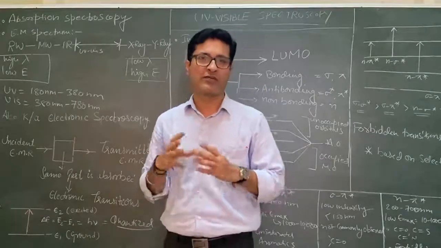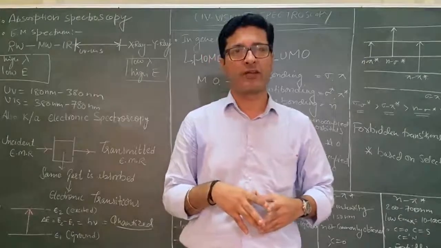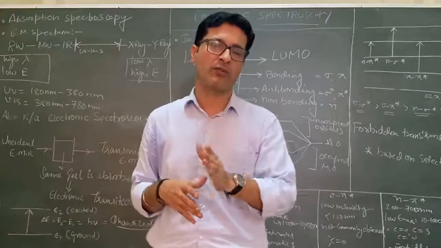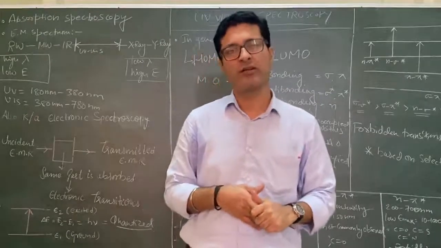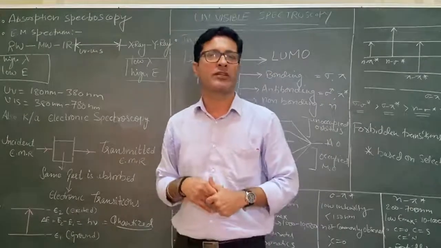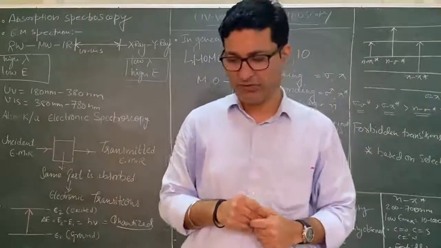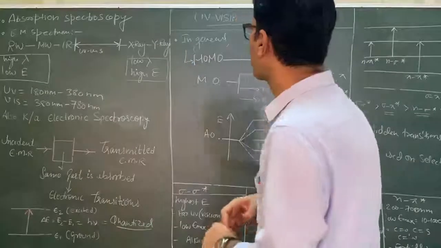Therefore, delta E is a quantized value, and we have to supply that particular amount of energy via the electromagnetic radiation source to cause the excitation of valence shell electrons.